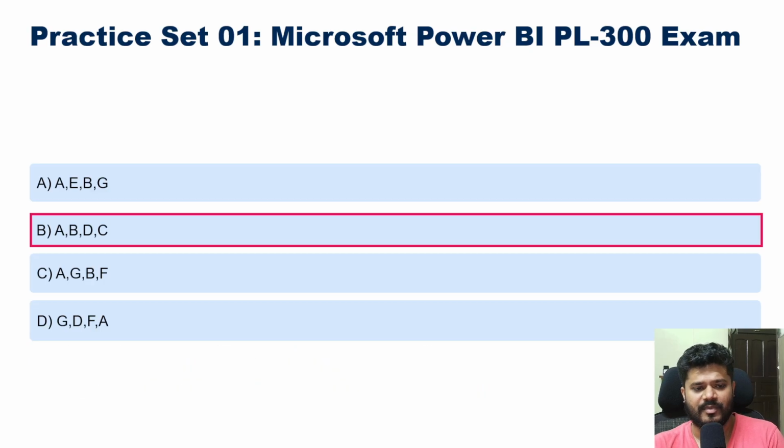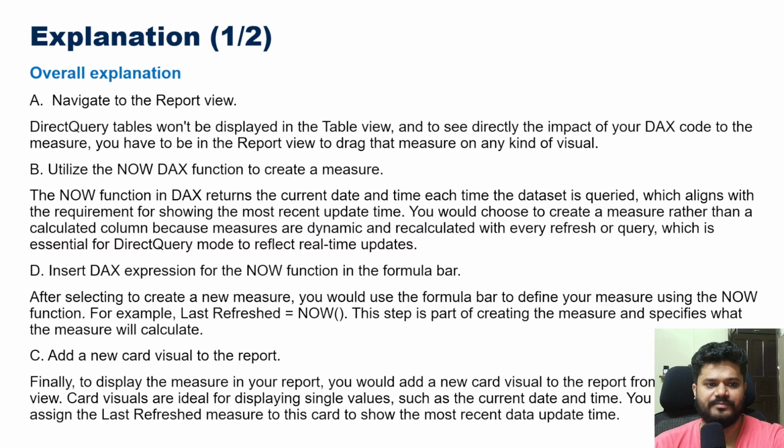Now let's look at the overall explanation. This slide gives the explanation for the different orders given in the question. For example, step one is navigate to the report view, and step three is add a new card visual.